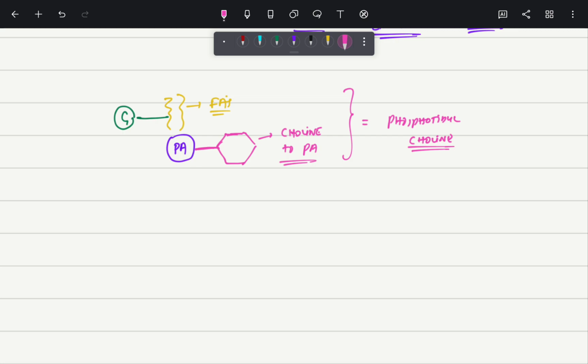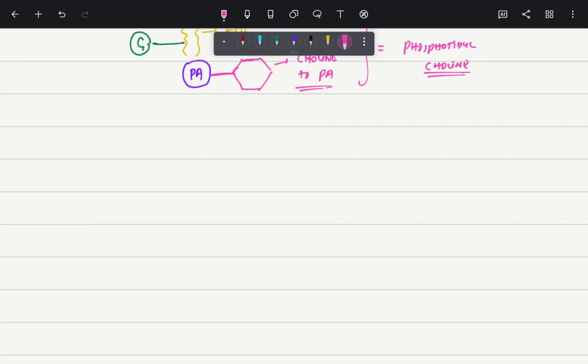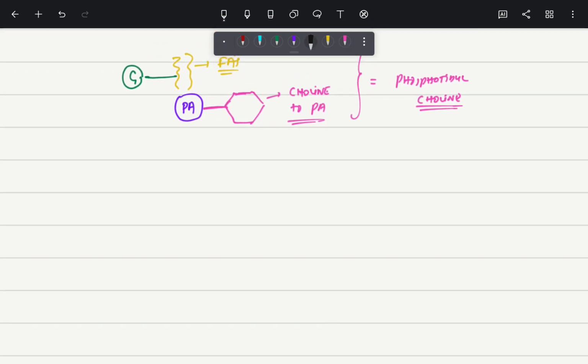So phosphatidylcholine is a type of glycerophospholipid. Okay, now we are going to draw another structure. To this phosphoric acid, if we are going to add ethanolamine, then the entire compound will be called your phosphatidylethanolamine.